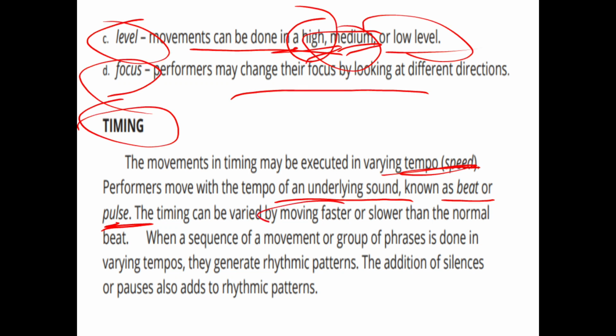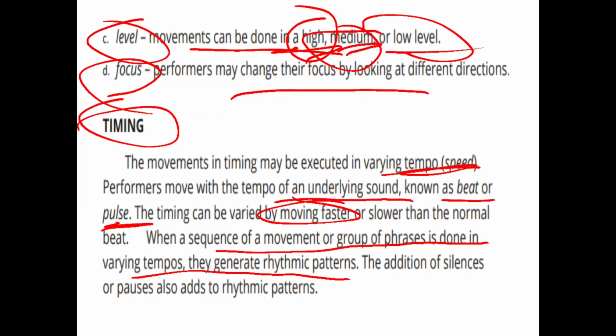Examples of fast movement are dances like cha-cha-cha and jive. Slow ones are ballet, contemporary dance, and interpretive dance. When a sequence of movements or phrases is done, varying tempos generate rhythmic patterns. In addition, silences or pauses also add to rhythmic patterns.